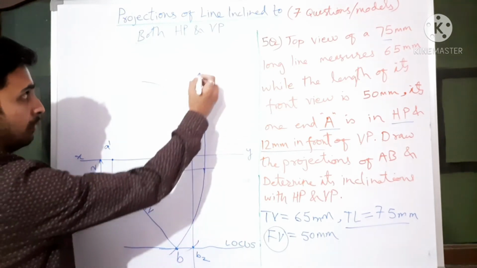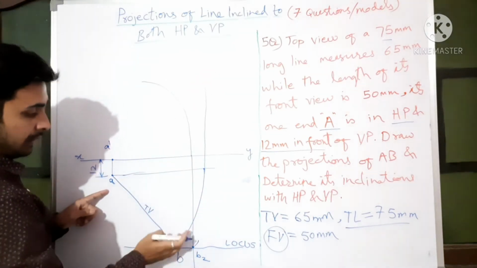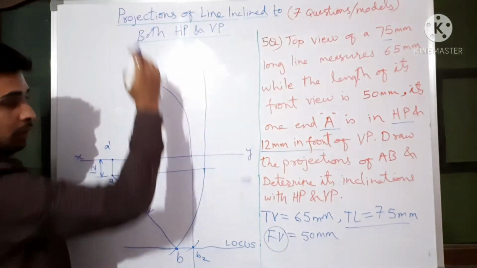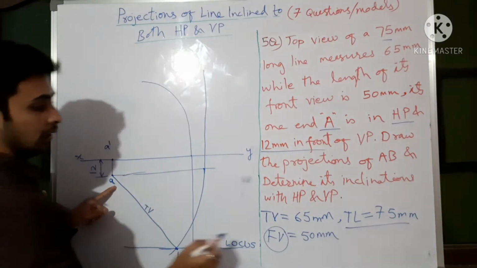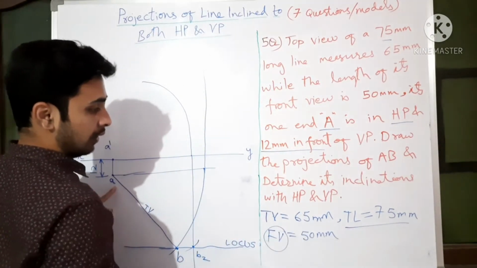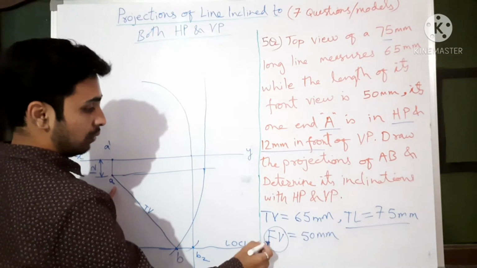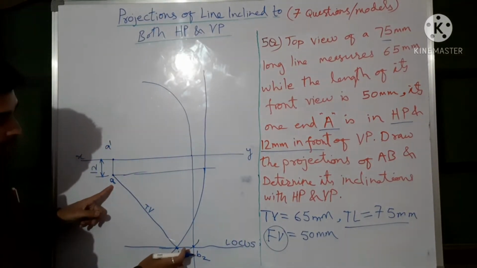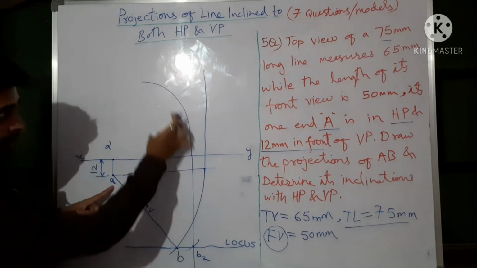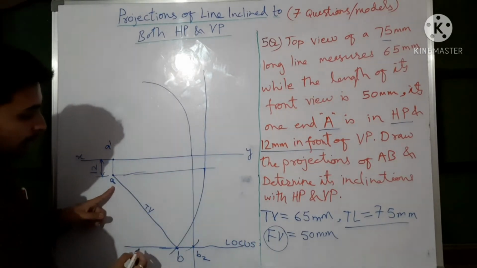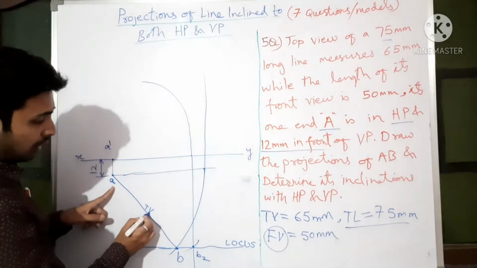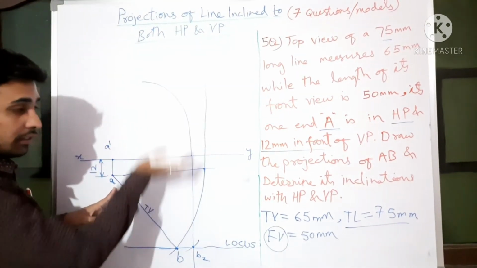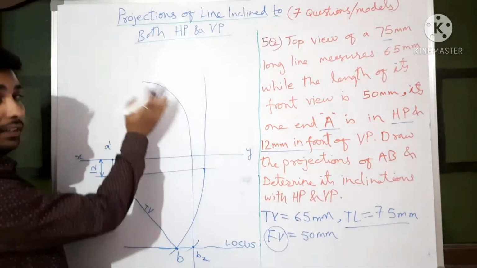Okay, now here if you come, this is coming from here, 65 mm arc upward, any length. Front view how much? 50 mm. So this front view and this true length wherever it is coming are connected. This we have done already. So now this top view will be connected with this upper side front view, upper side true length.